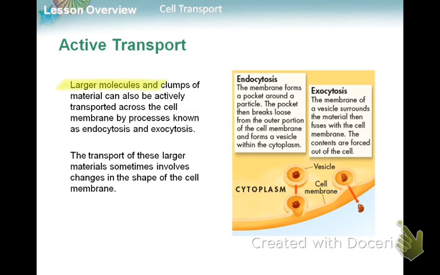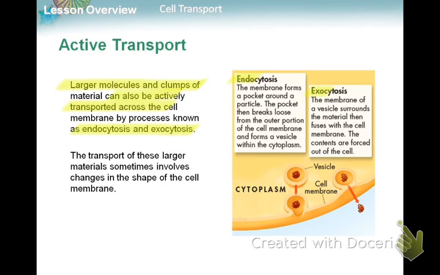Larger molecules can also be actively transported by these two processes, endocytosis and exocytosis. You don't need to go any farther than the prefixes to tell whether things are moving into or out of the cell.